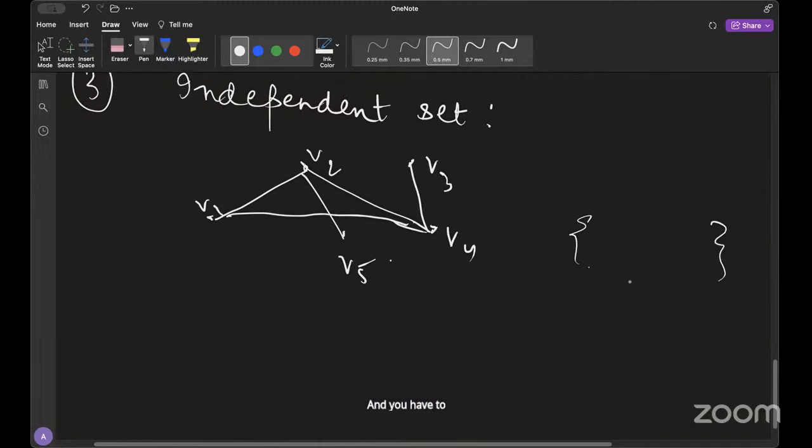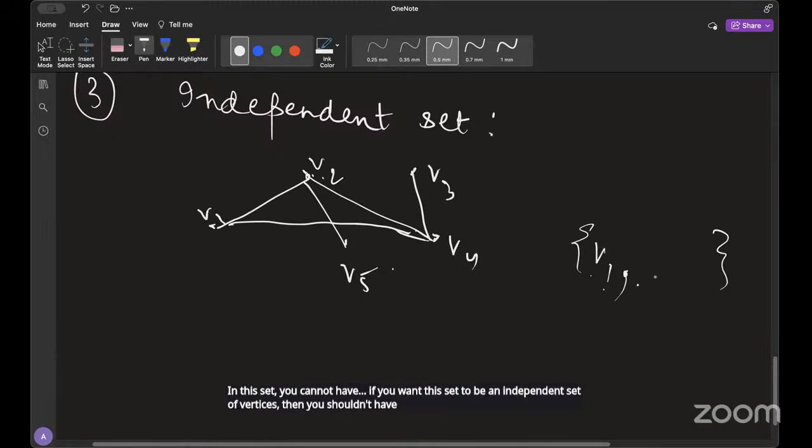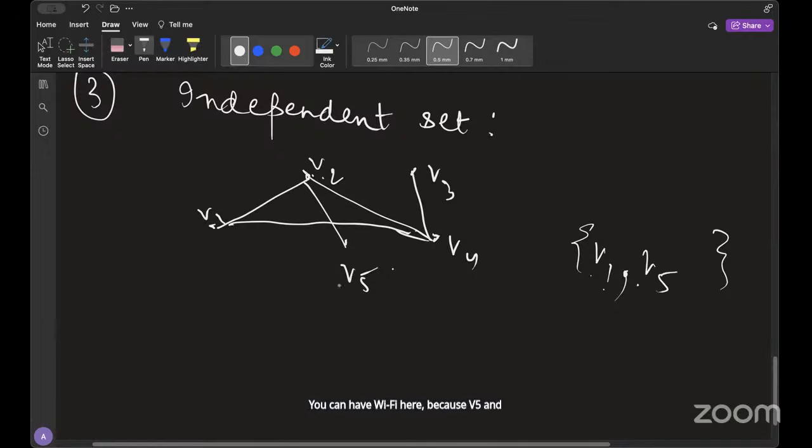And you have to collect vertices in such a way that no two vertices share an edge. That means if you start with V1, then you can't have V2 in this set. If you want this set to be an independent set of vertices, then you shouldn't have V2 here. You can have V5 here because V5 and V1 do not have a common edge between them, right?